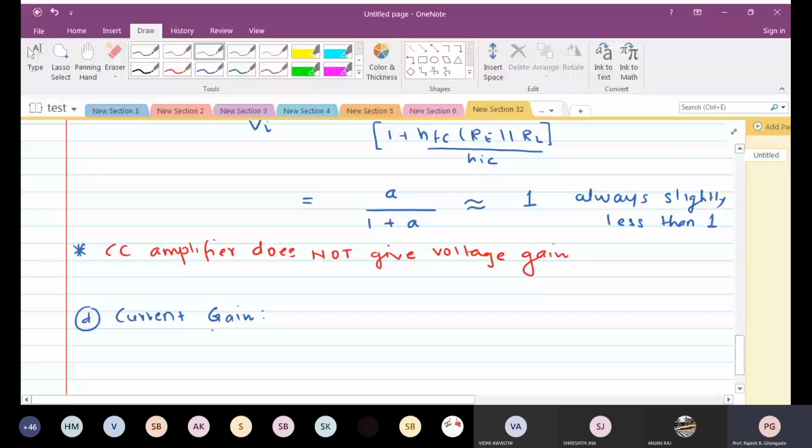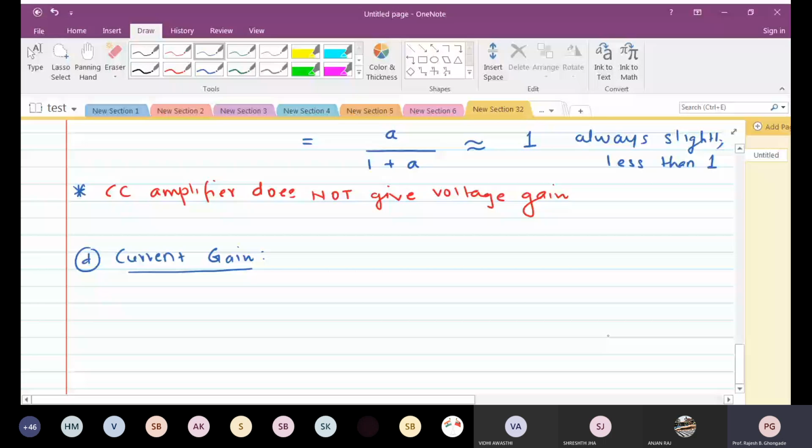Here we have hFC, which is equal to IE over IB. Again, like common emitter, using the current divider equation, we can find out the overall current gain. I'll leave it to you, because it is exactly the same as that of the common emitter.